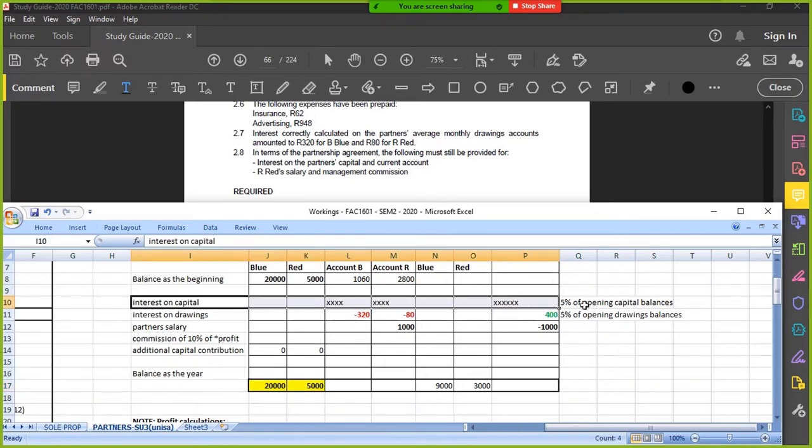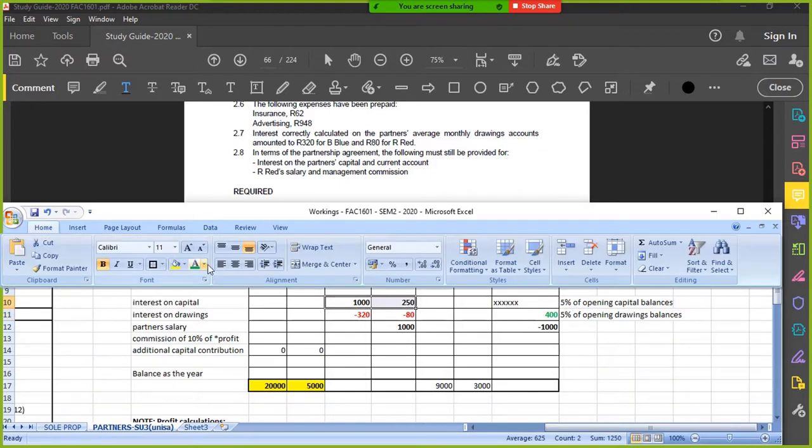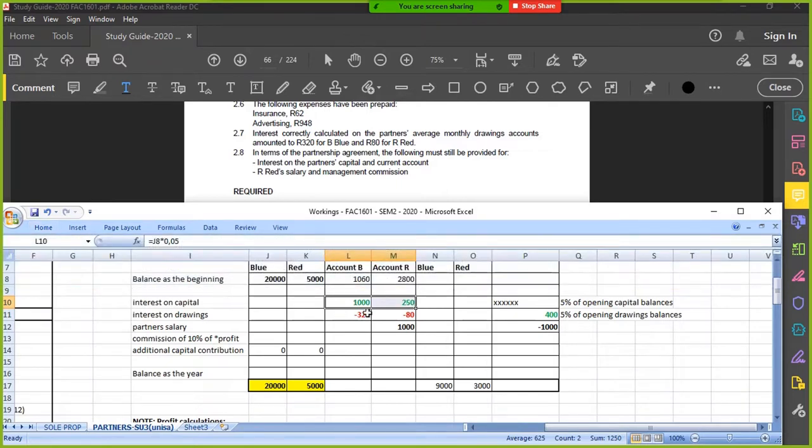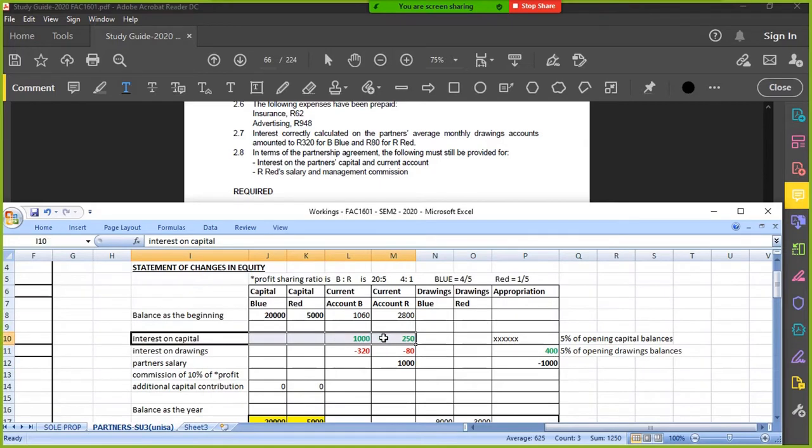Yes, I can. What was it? It was 5% of the opening balances. So for blue, it's going to be this amount times 5%. For red, it's going to be this amount times 5%. Think about it in terms of the partnership being separate. Remember, is interest on capital good for the partners?